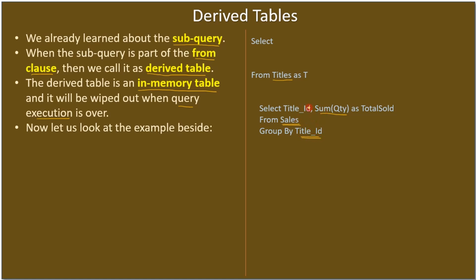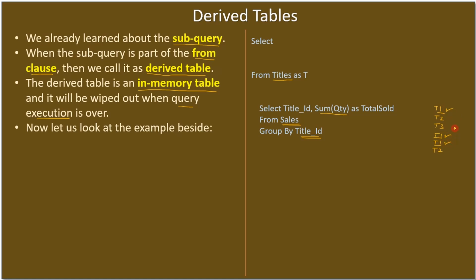So we are getting sum of quantity from the sales table. If there are plenty of titles, let's say T1, T2, T3, T1, T1, T2, here we are grouping the result. That means T1 will come only once. That's one group. T2 is one group. There are two T2, and what we are doing is summing up here.